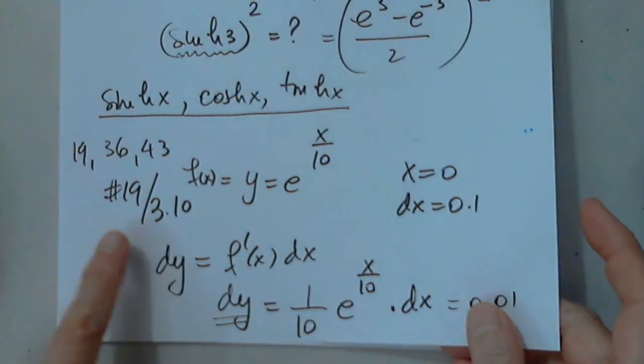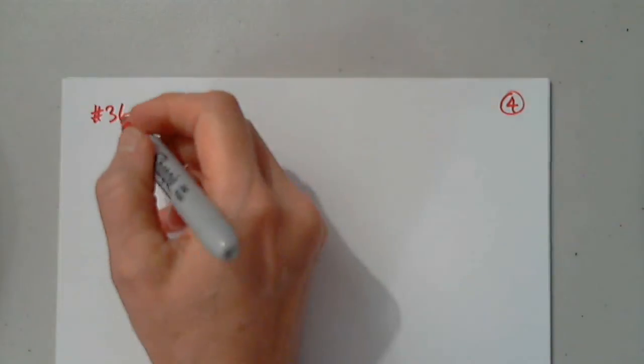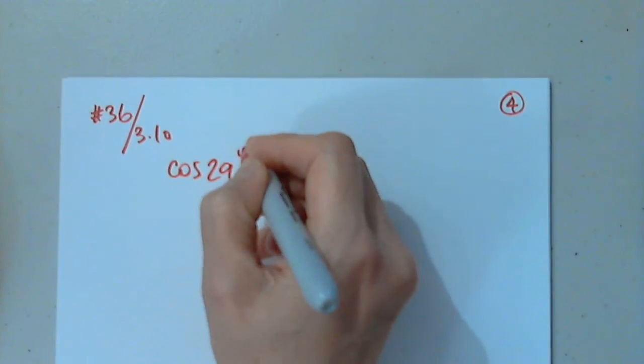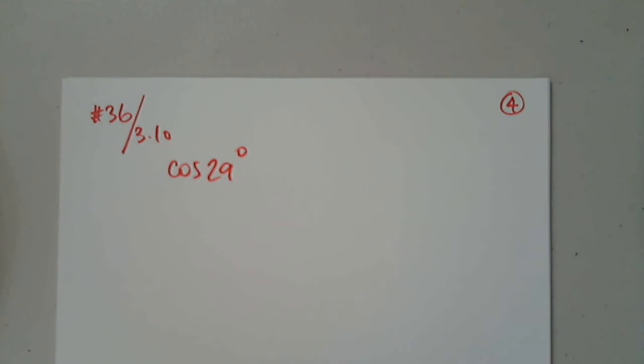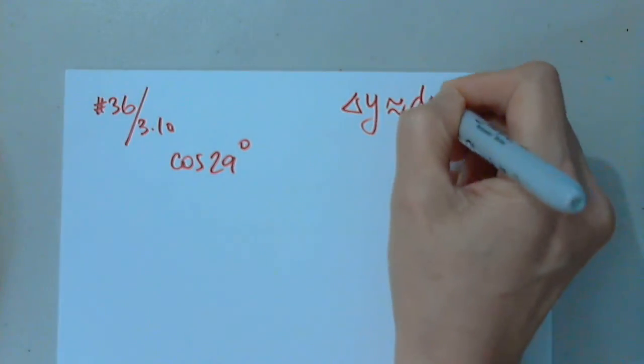So let's continue with 36. And 36 is still in 3.10. What was it? I think it was cosine 29 or something. Okay, very good. Cosine 29 degrees. Perfect. Okay, so remember the delta y is approximately dy.